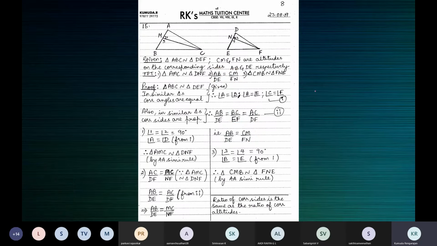See here, we know that these three ratios are the same: AB by DE, BC by EF, AC by DF. We have to prove that AB by DE is equal to CM by FN. This is what we have to prove.